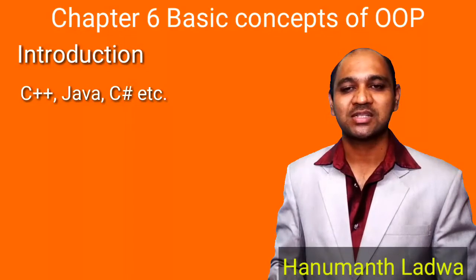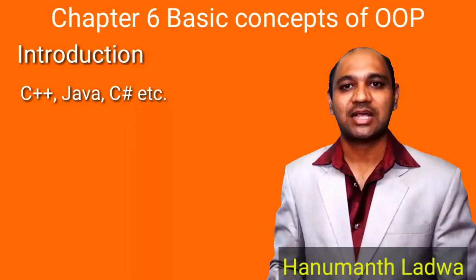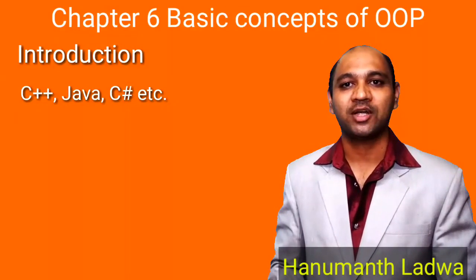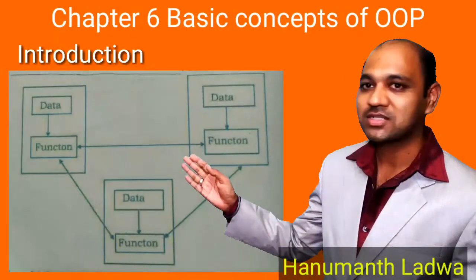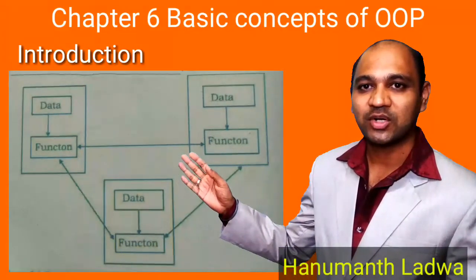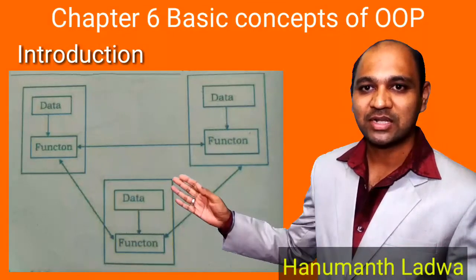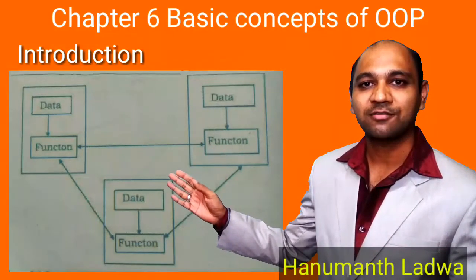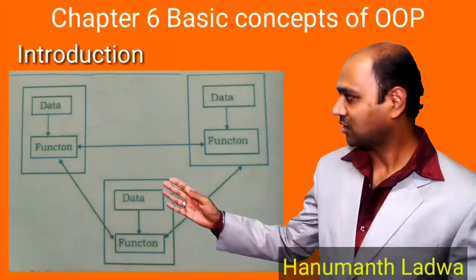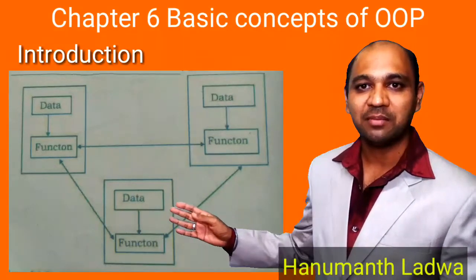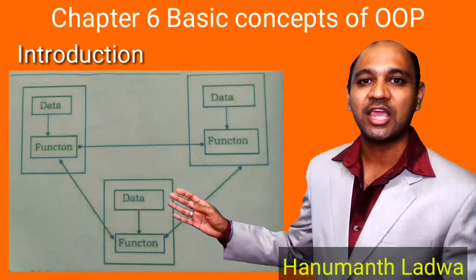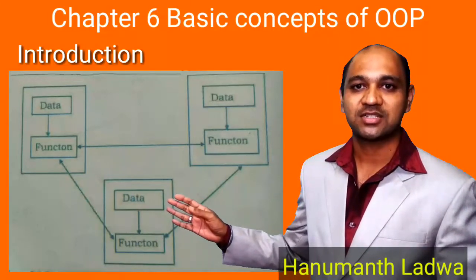Each object consists of the data members as well as the function members that operate on data members. Here you can see in the diagram, data members and function members unite together to form one object, and there are three different objects and you can see the arrow marks between them, which indicates communication between those objects.